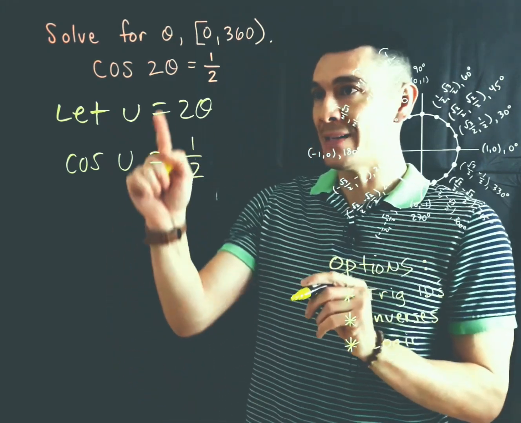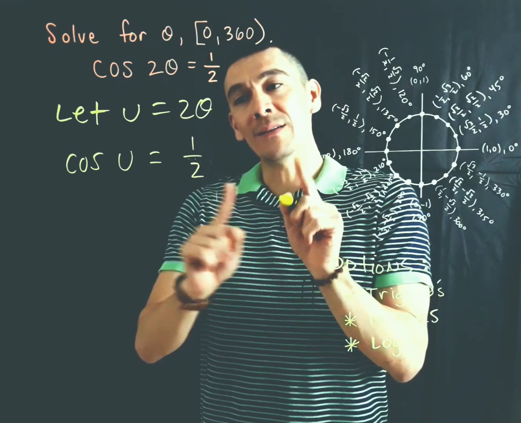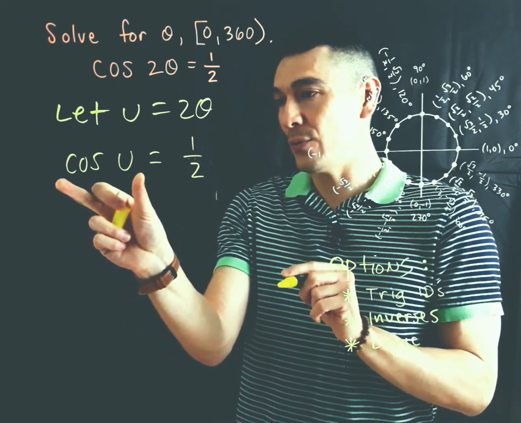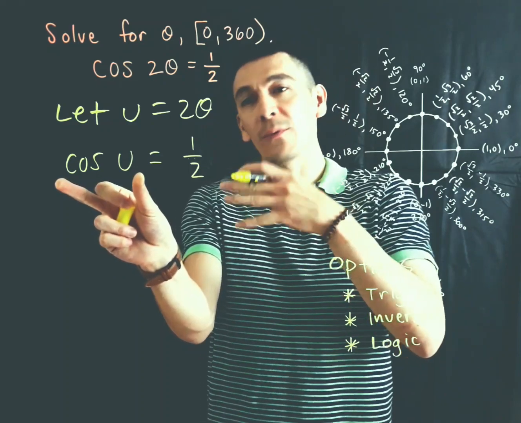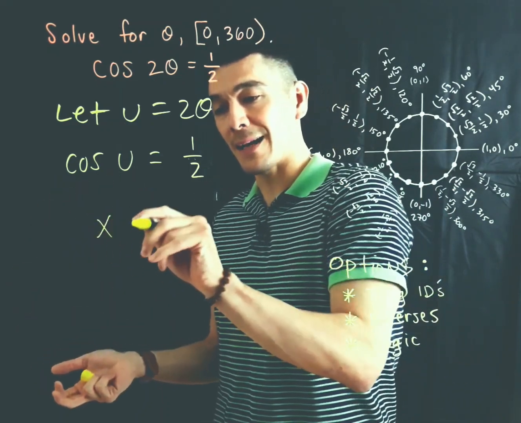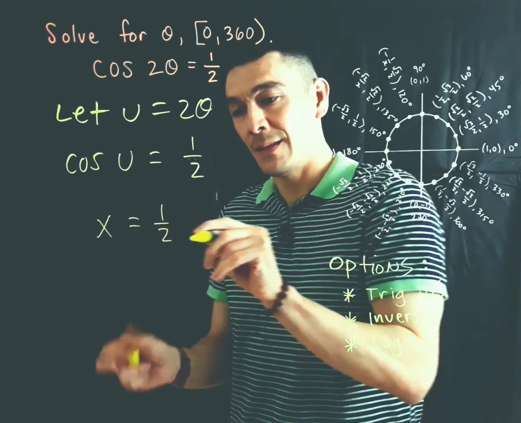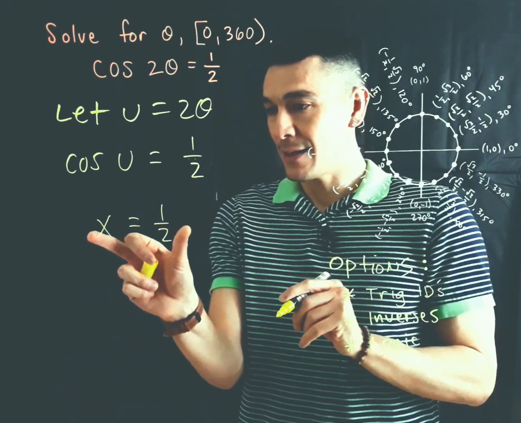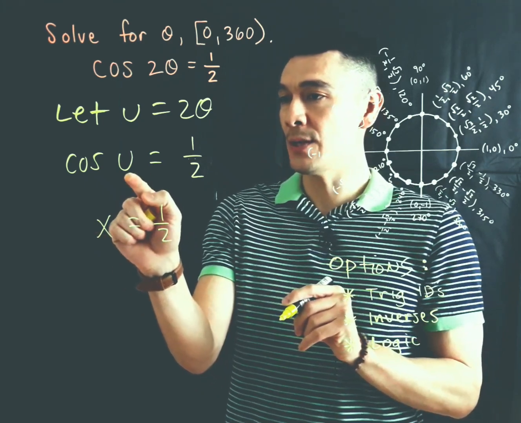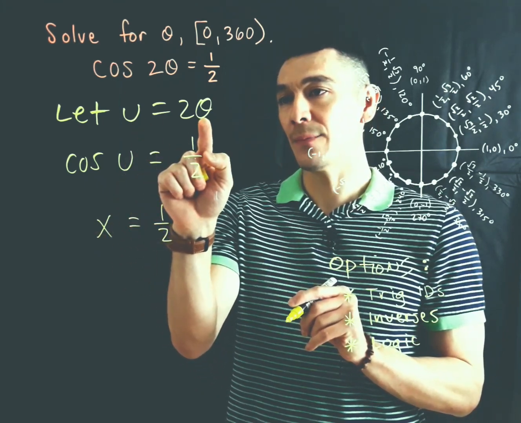So yes, we're trying to find theta, but at the moment we're trying to find u. Now cosine of u, based on the relationships that we've been using, can be replaced by x, right? Now this is just a fact. This fact will tell you the value of u, and once you know u, you can find theta.